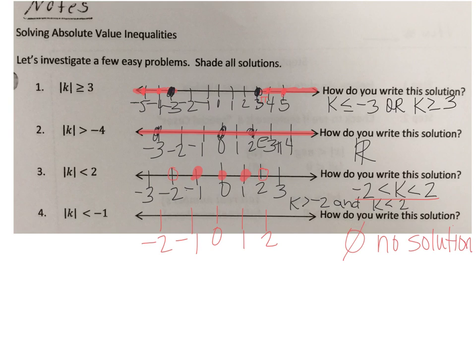So we're going to reference this when we look at our equations. When we're solving absolute value inequalities and we have a greater than, it's going to give us an or statement where one is greater than the positive or less than the negative. When we have the absolute value greater than a negative, it's all real numbers.